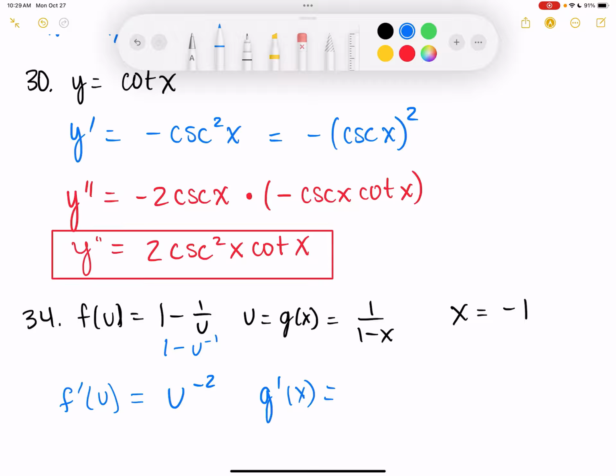You can either use a quotient rule or you can essentially use a chain rule with it if you're so inclined. Move it to the top.